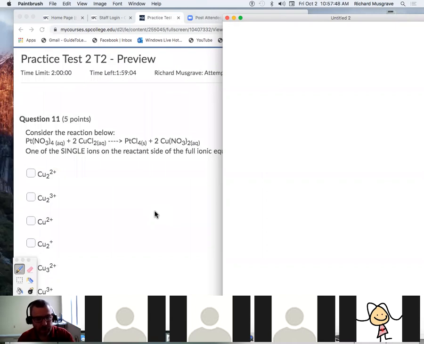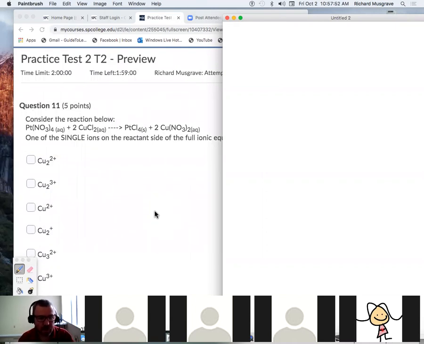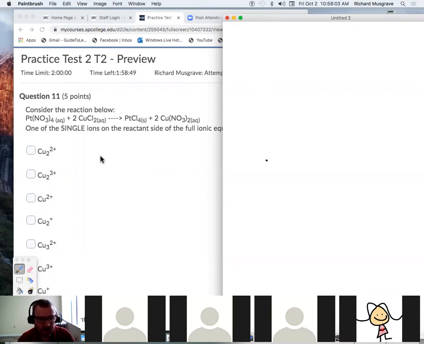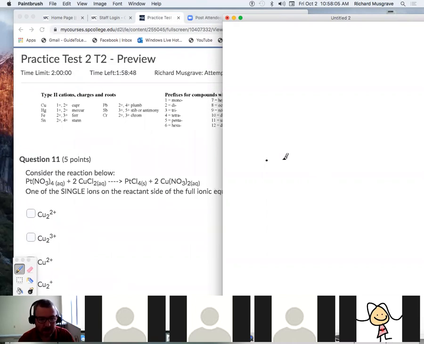So for this one here, it says consider one of the single ions on the reactant side of the full ionic equation. So there's a lot of homework that relates to this as well. But here, it looks like it's all about the copper, so we have to figure out what's going on with the copper. But if I was to do this, the idea would be to draw pictures of everything. There's only one of those that's going to be relevant though.